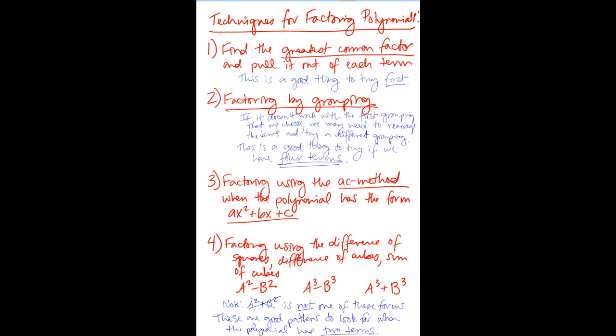Likewise, up here, this is a good pattern to look for when the polynomial has three terms. Okay, so now that we've summarized our various techniques, let's finish up by trying out some examples where we have to figure out which technique we should use.